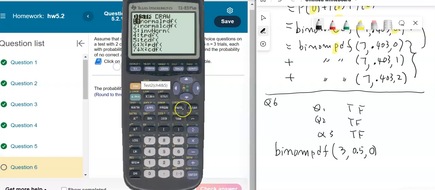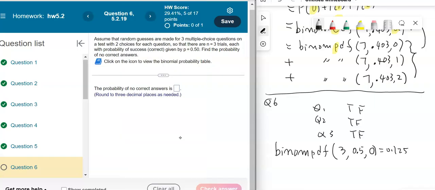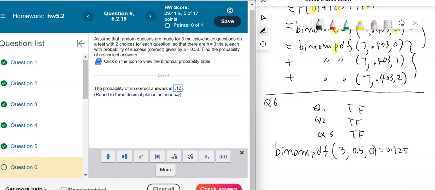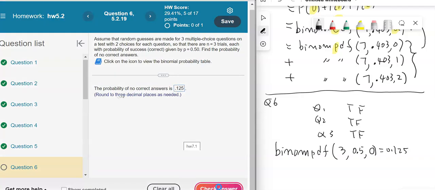So second bars, binom PDF, and then 3, 0.5, 0. So this is 0.125. So all 3 wrong, it is 0.125.